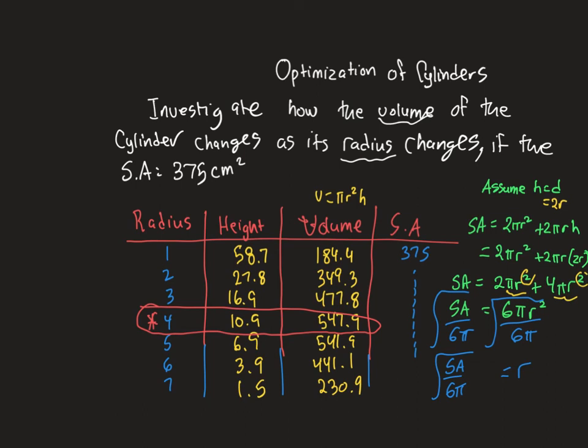So my radius should be surface area divided by 6 pi, take square root. That will give you your radius. And that is when my height is equal to 2 times radius. Now this should work every time. Let's try this out in an example.